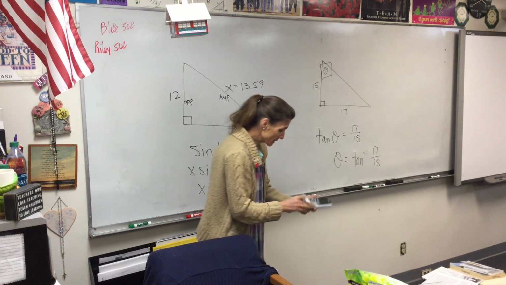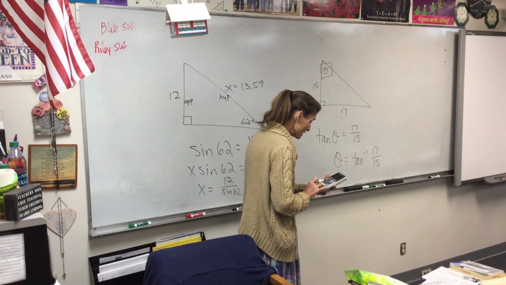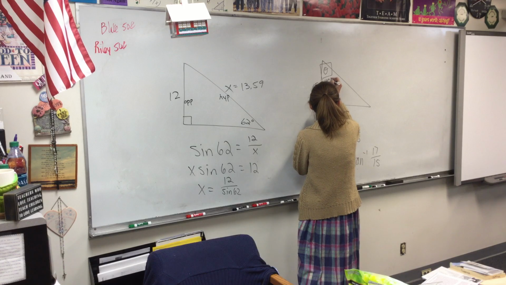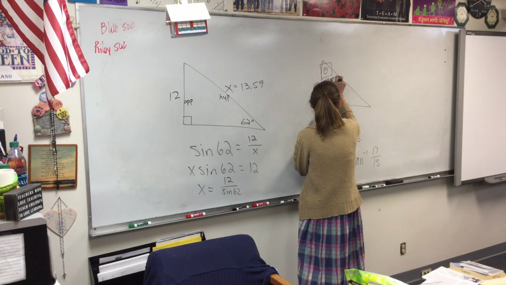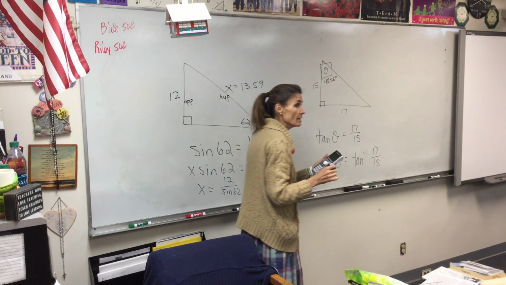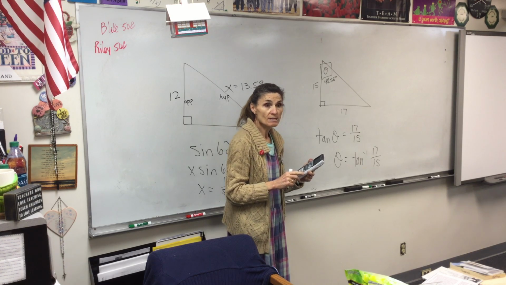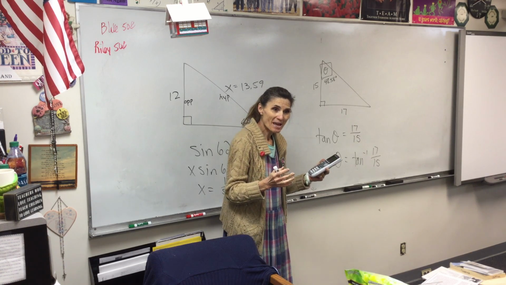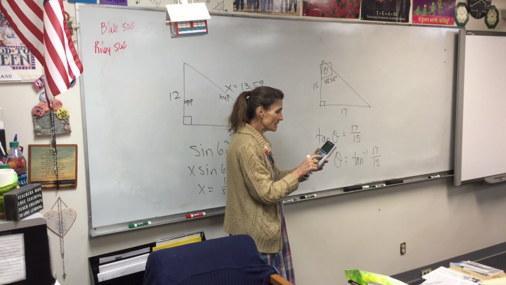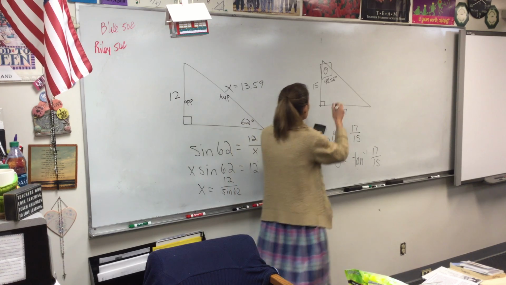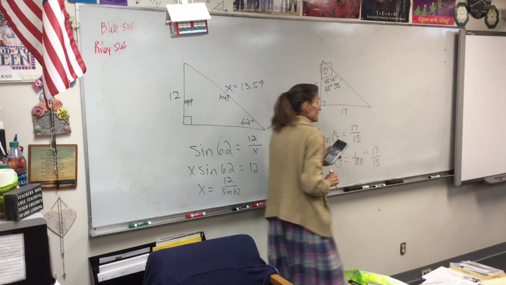So if you press second tangent, 17 divided by 15, it tells you that the measure of this angle is 48.58 degrees. If the direction said round to the nearest minute, then you would go into your angle menu, click down to DMS, and it would be 48 degrees, 35 minutes.